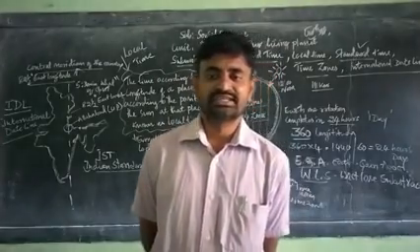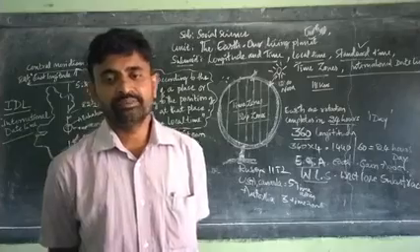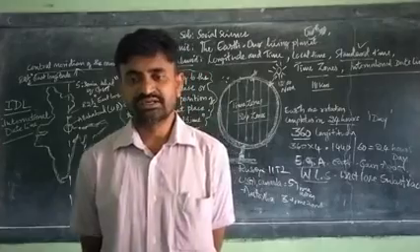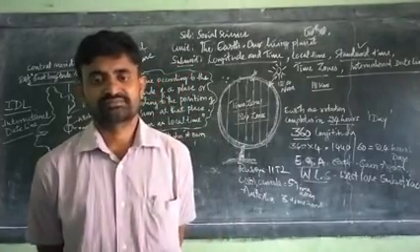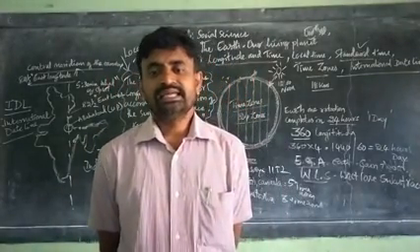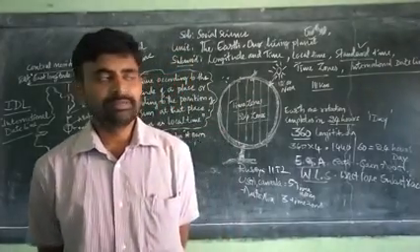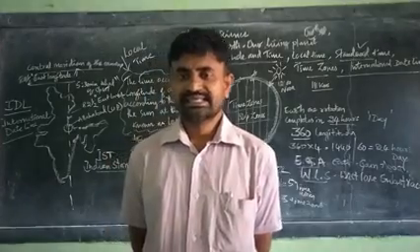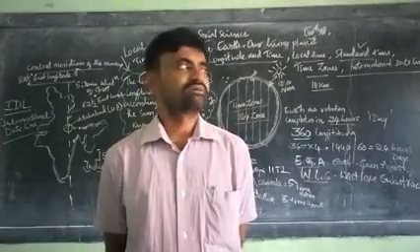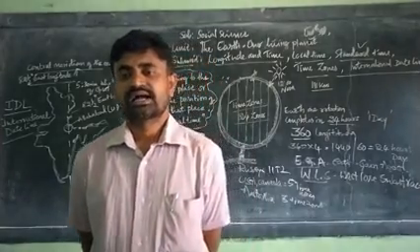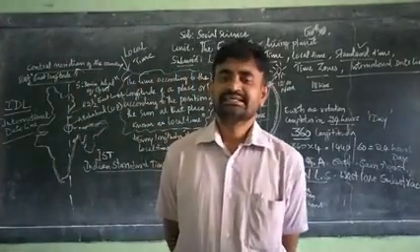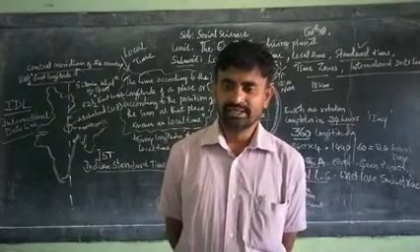You must answer this. The second question is, the shape of the earth is dash. And the third one is, the equatorial and polar diameters of the earth are dash and dash kilometers.